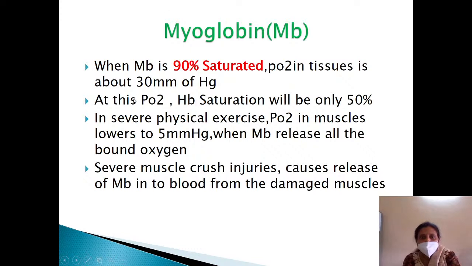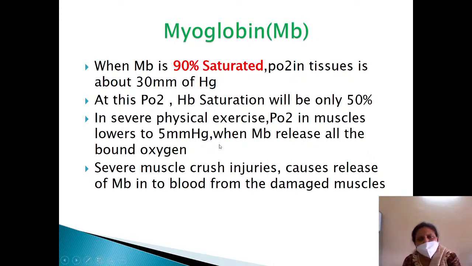At this PO2, at this 30 mm of Hg, hemoglobin saturation will be only 50%, whereas myoglobin, because of its more affinity to oxygen, is 90% saturated.